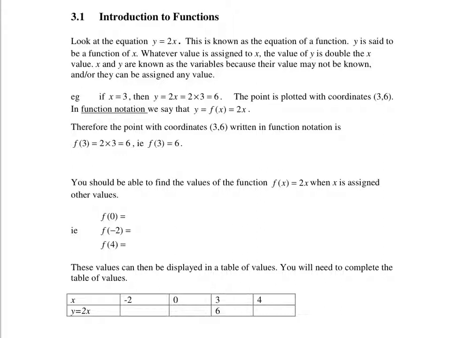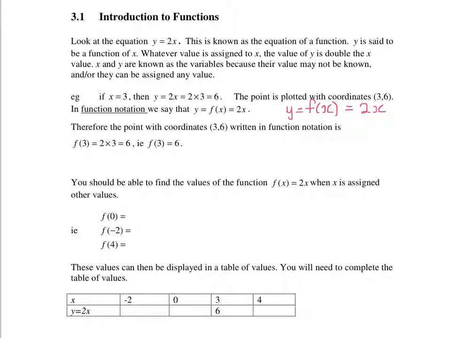Now I know that the rule is y is equal to 2x, but I can also say that y is equal to a function of x, and the function of x is multiply it by 2 to find y.